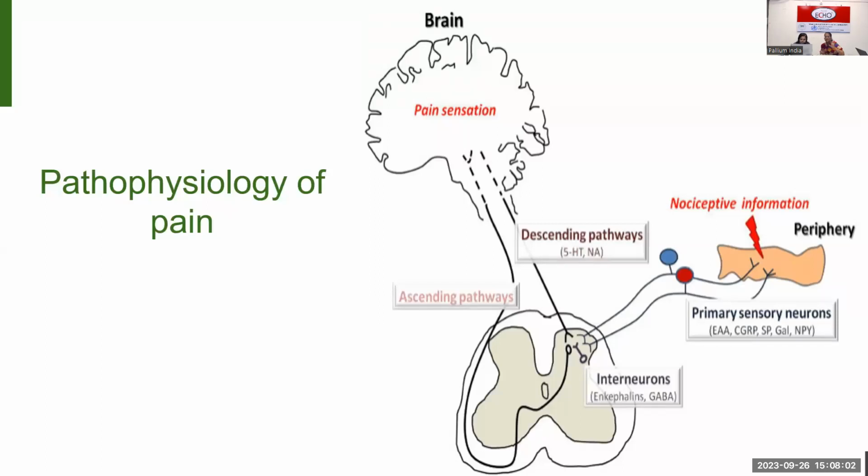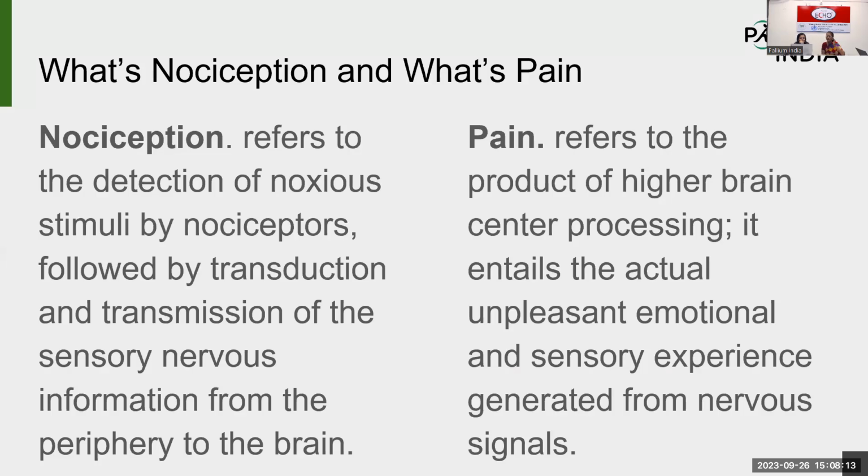Okay. It's better if all of you have this in mind, because you will have to connect everything to this to understand it. Okay. Next slide. So the important thing to understand is the difference between nociception and pain.